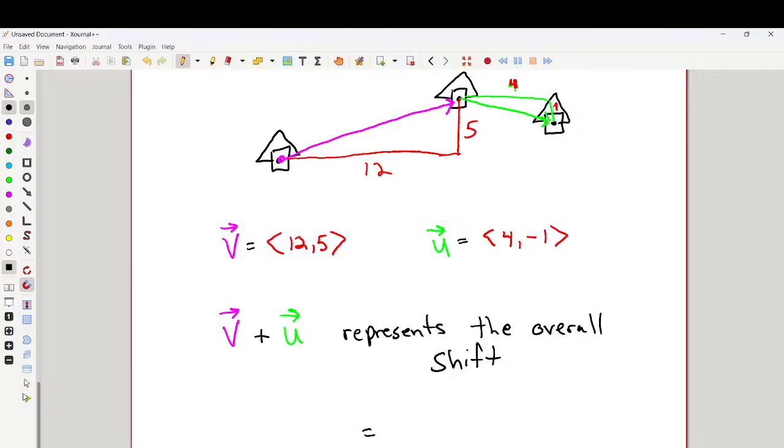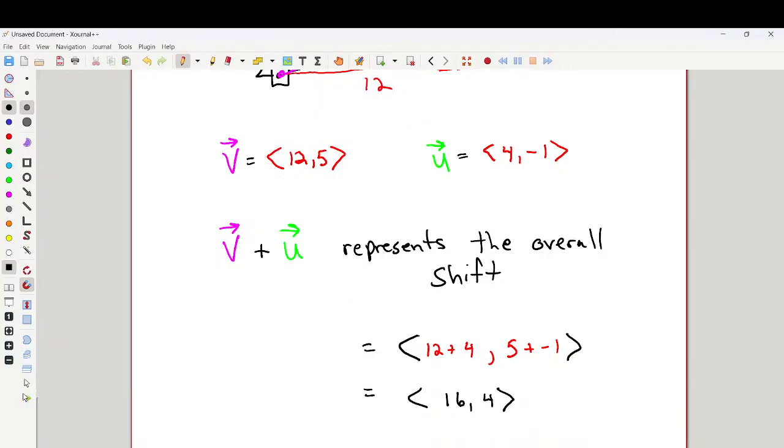The overall shift would be 16 units to the, which direction is that? East. And 4 units north overall, found by taking 5 and adding -1. Boom. There we go. Vector addition, mad simple. You just add the x components, you add the y components, and there we go.